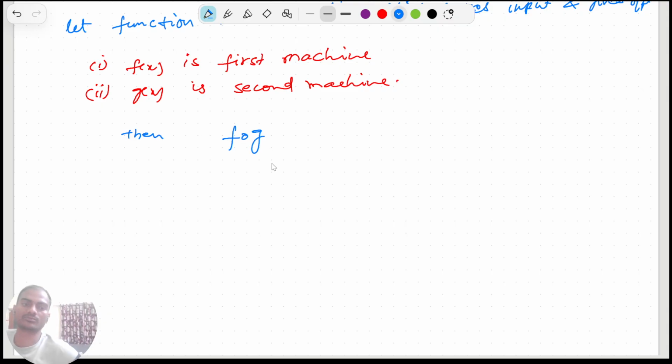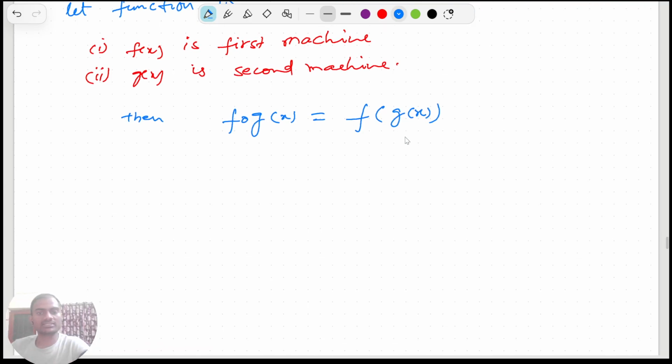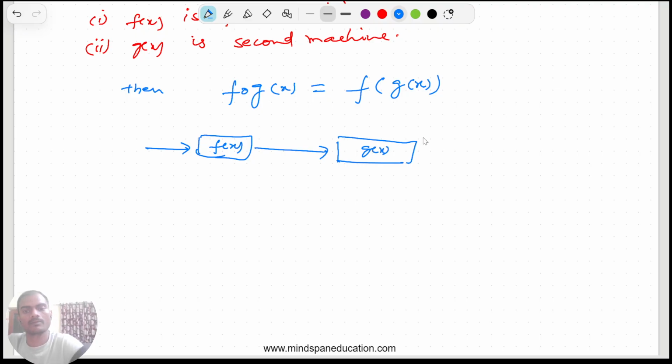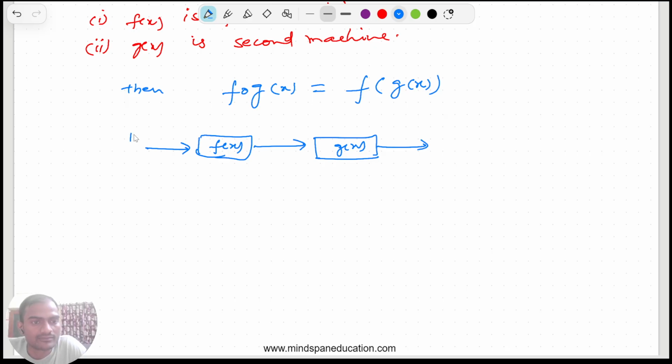FOG, suppose we are composing it this way: fog of x equals f of g of x. Then what it is essentially trying to say is: first machine f of x, output, second machine g of x, then another output. This is the input of f, right?